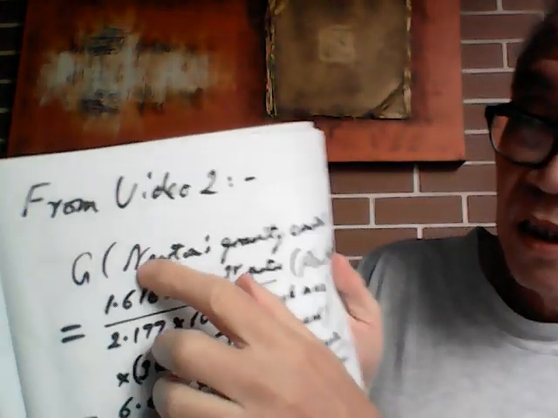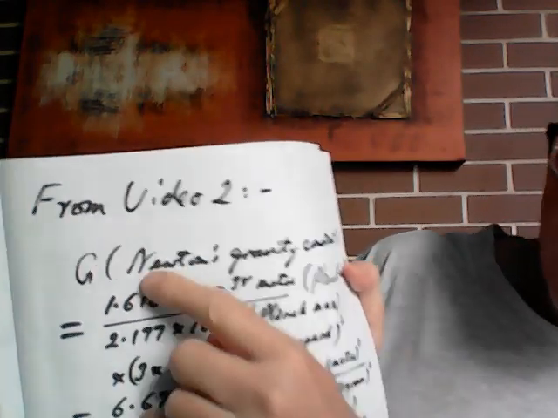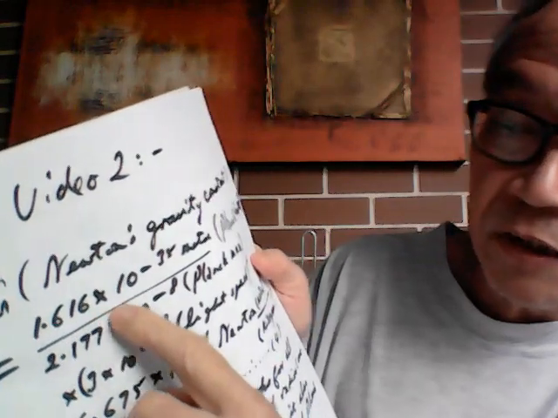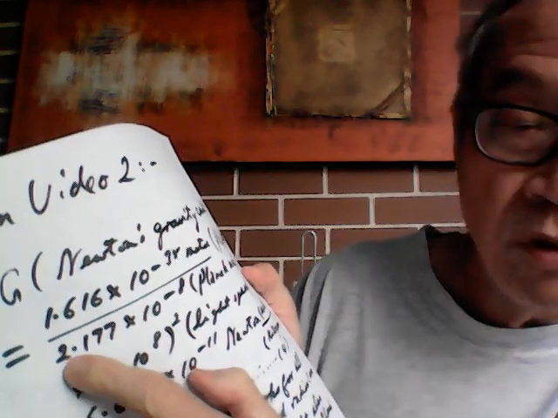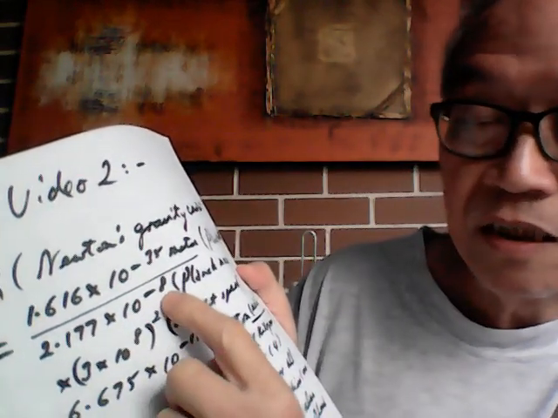Let's see. I have skipped some part here. From video 2, sorry, I skipped a part. From video 2, I have already mentioned that G in my quantum gravity series video 2, G, the Newton's gravity constant, is equal to 1.616 times 10 to the power minus 35 meter, this is the Planck length, divided by 2.177 times 10 to the power minus 8, the Planck mass, times c square.